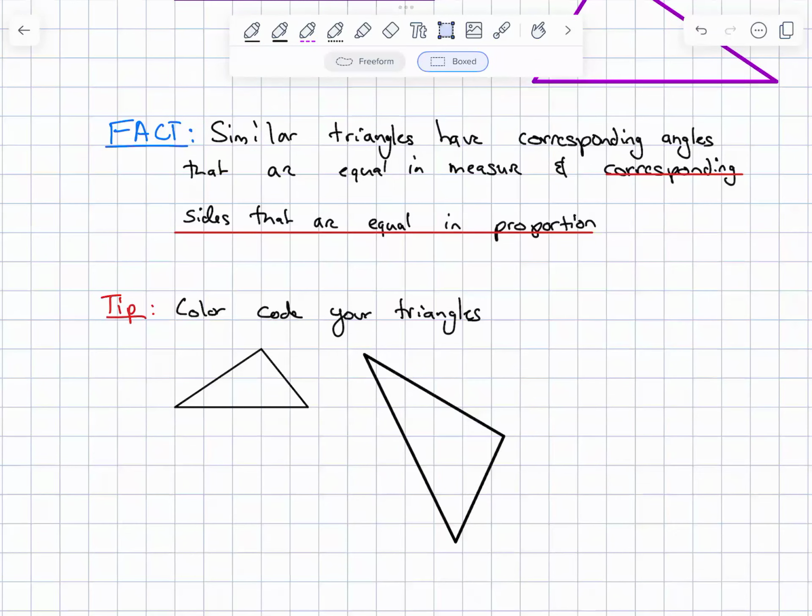So let's say you're given this problem on a homework or a quiz or an exam, and it's telling you to find the missing side lengths. Because they're in different orientations, it can be hard to identify which one goes where.